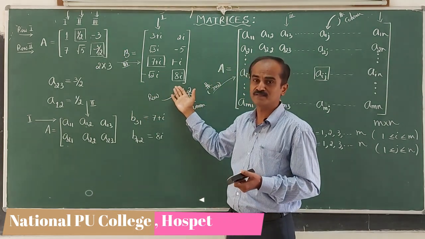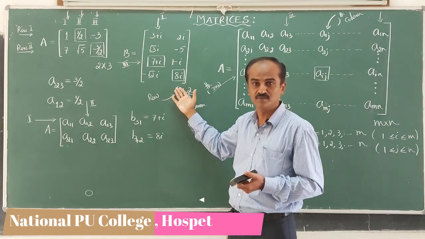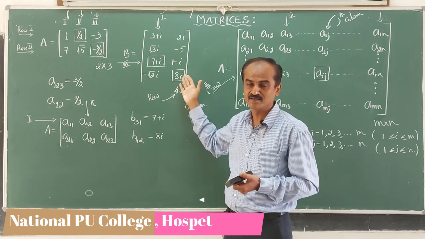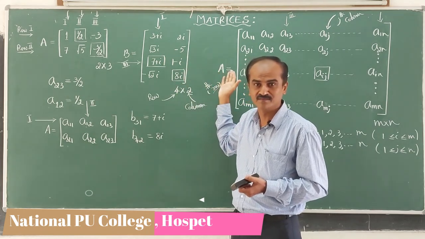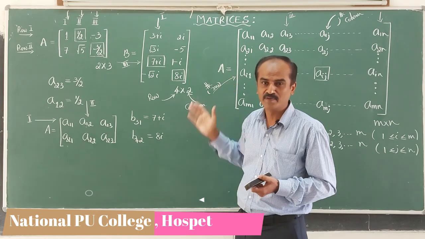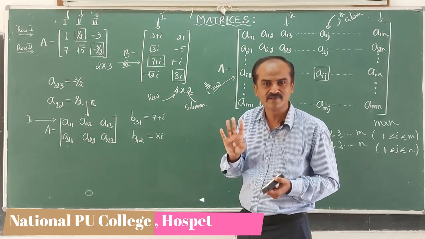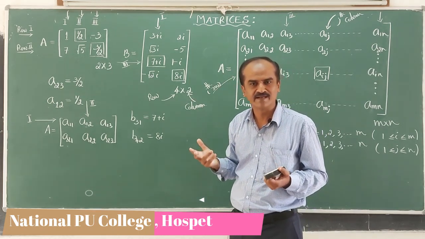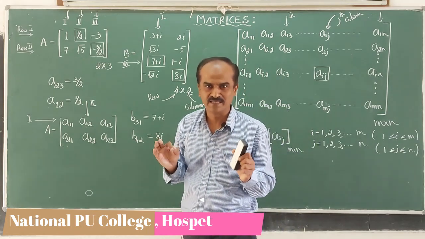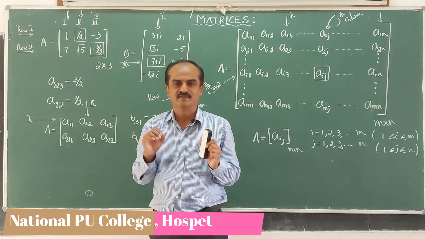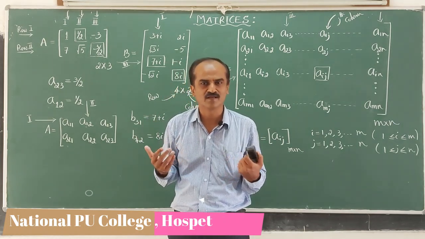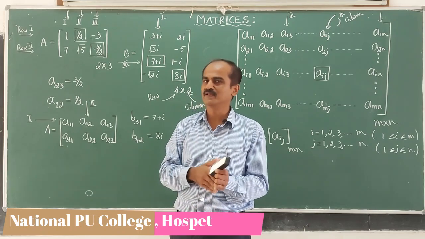What is the order of this matrix? 4 by 2. How many elements are there? 8 elements. In the earlier example, that is matrix C, it was a 2 by 2 matrix. How many elements are there? 4 elements. Able to get any idea now? Yes, I hope you get it. Just by multiplying the number of rows and number of columns in that matrix, you are able to generate how many elements will be there in that matrix.